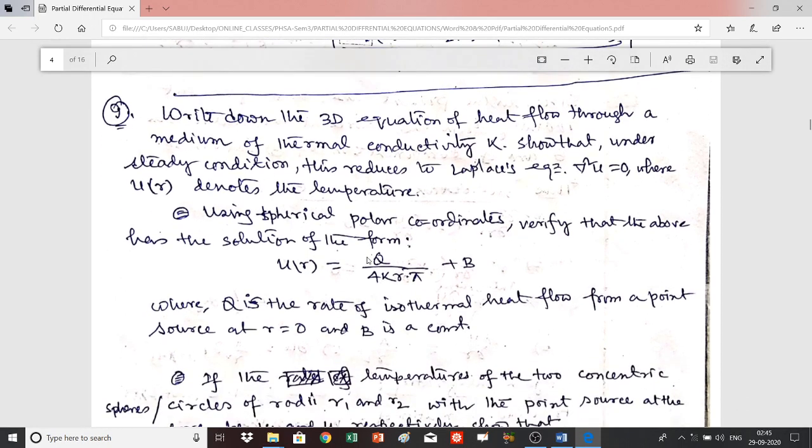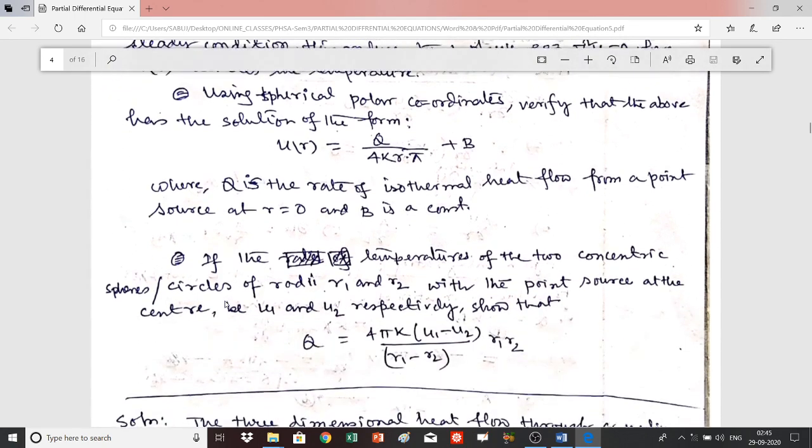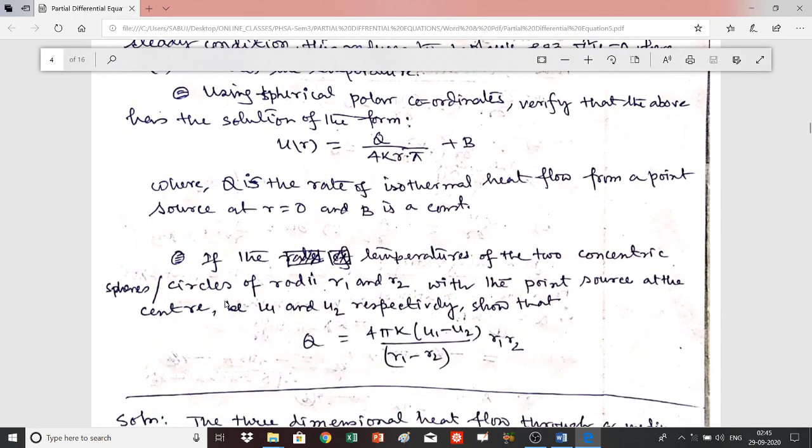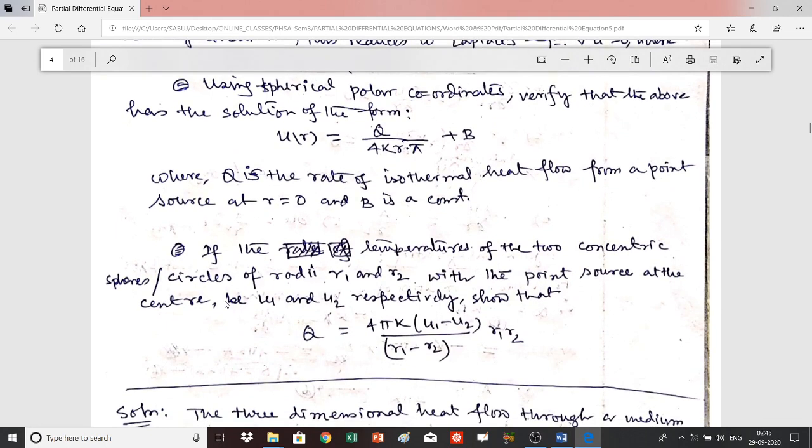Using spherical polar coordinates, verify that this has a solution of the form u(r) is equal to q by 4πkr plus b, where q is the rate of isothermal heat flow from a point source at r is equal to 0 and b is a constant.